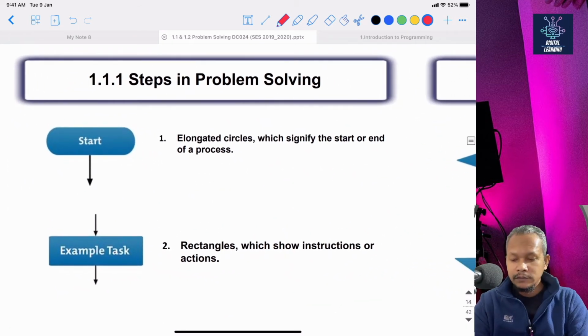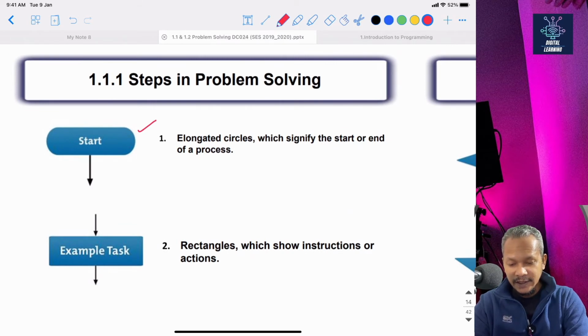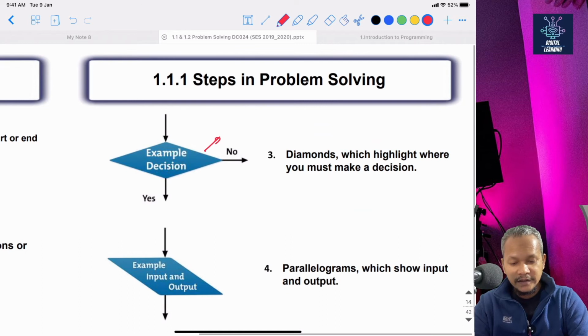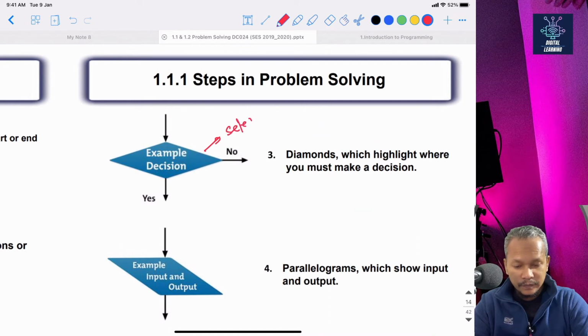To learn about this flowchart, you need to know the symbols. The symbol here is start. Here is a process. Here is a selection. Here is addition.